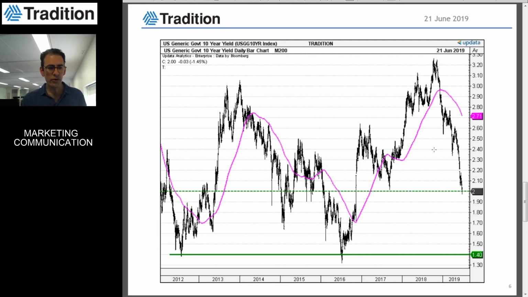The last chart I wanted to show you is the one of US government 10-year bond yields. You know this chart, I showed you numerous times, and this time what we are seeing is that yields are reaching 2%. 2%, as you can see here, is a very important pivotal zone and has been for a long time.